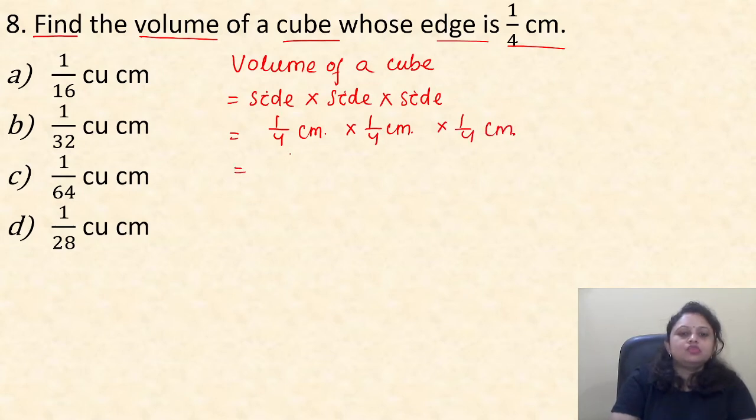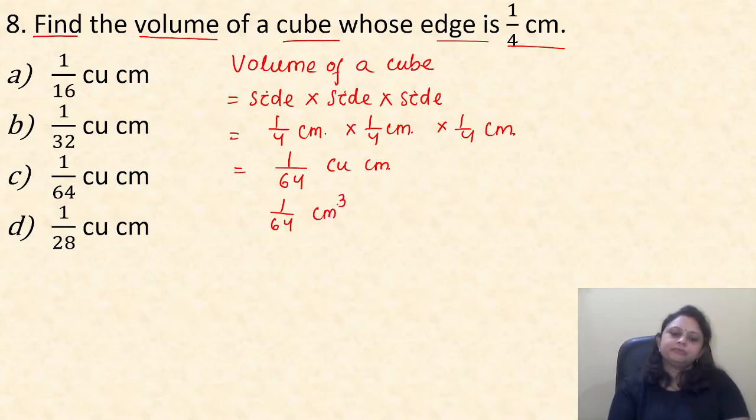That is equal to 1 by 64 cubic centimeter, or we can write it as 1 by 64 centimeter cube. We are multiplying 3 times, that's why in the power we are writing 3. So here the correct answer is option C, that is 1 by 64 cubic centimeter. Got it? Coming to the next question.